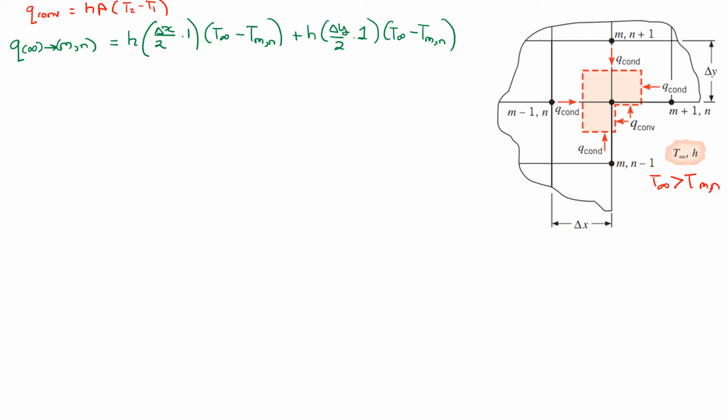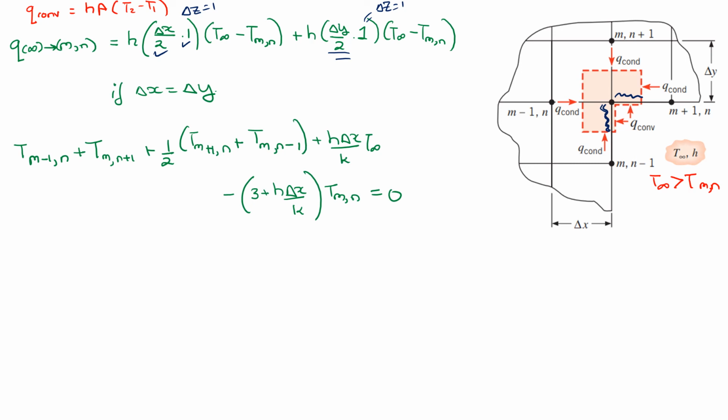Again, the area of interest is just this much, so it's not the entire delta x, but just delta x by 2, times delta z, which is equal to 1, times the temperature difference T infinity minus T at m comma n, plus convection in the x direction, that's h, times delta y by 2, that's the area which is right here, times delta z, which is equal to 1, multiplied by the temperature difference T infinity minus T m comma n.